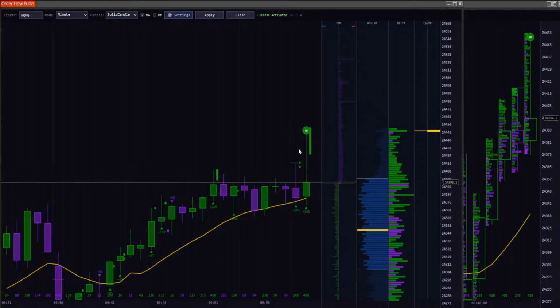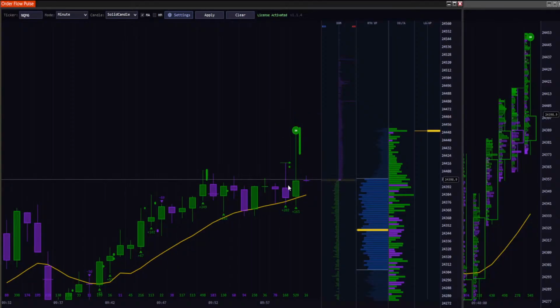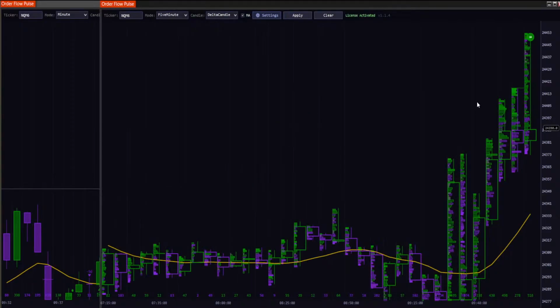They just got absorbed right there. We had a large single order contract. We had a delta surge of 165, and look where we're at, right here. All that area got absorbed. This is why when you see big, large candles like that, you don't sit there and chase it. Look at the 5 minute, look at those 10 minutes right there.